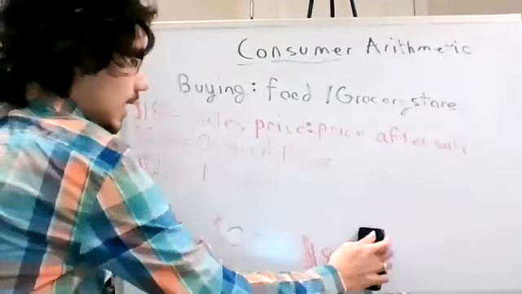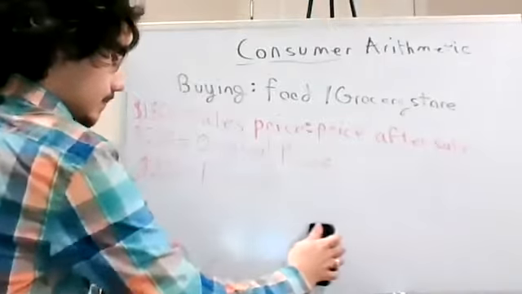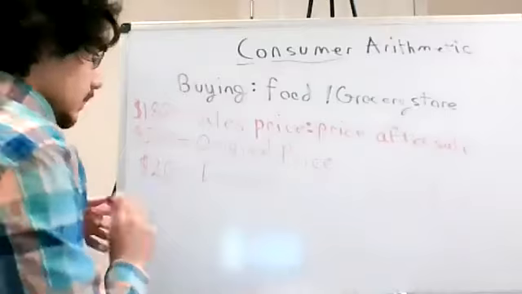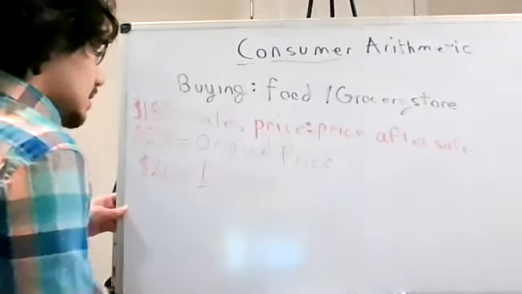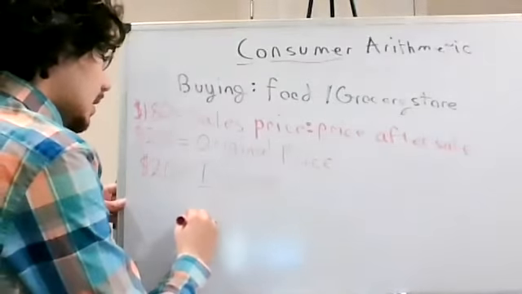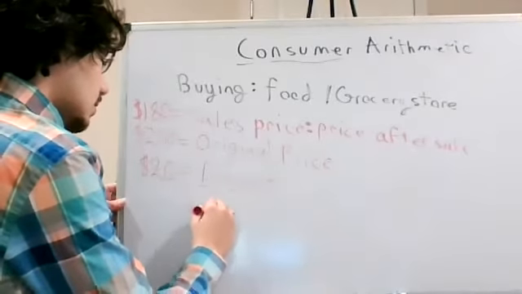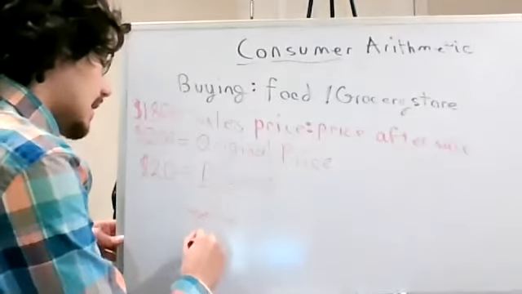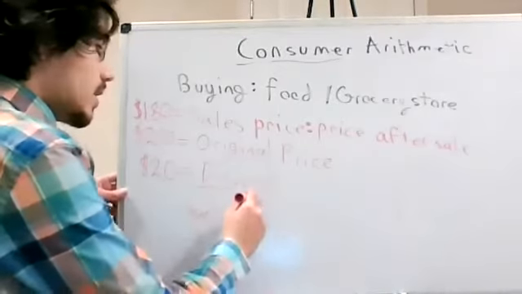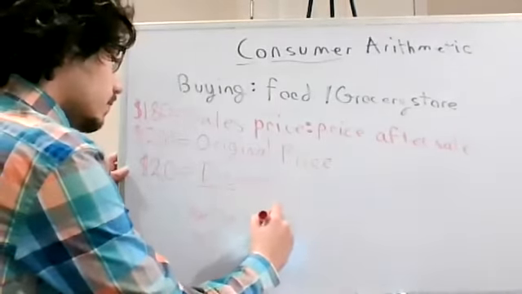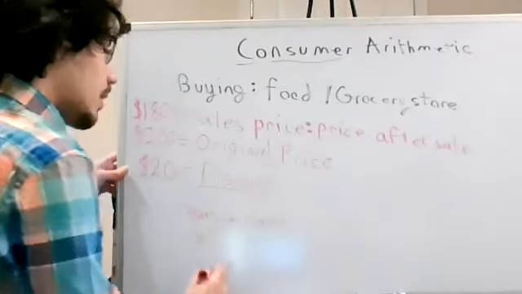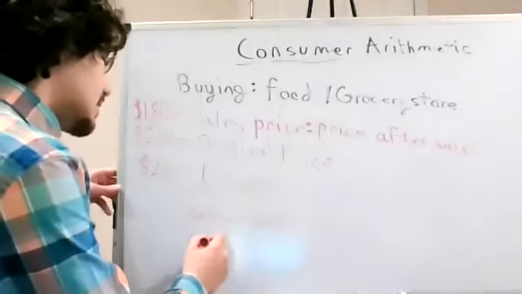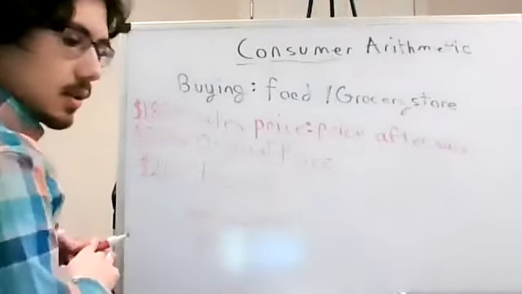Now, if we look at the word discount, you have the prefix dis, which is a negative prefix. So this would mean negative or not, and count, which is self-explanatory. We're counting in math. So discount means negative count.